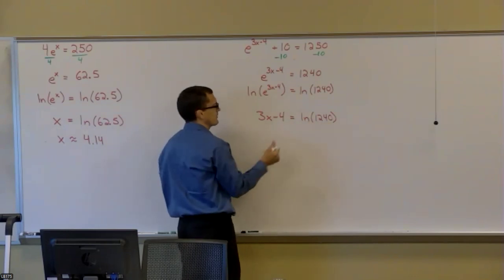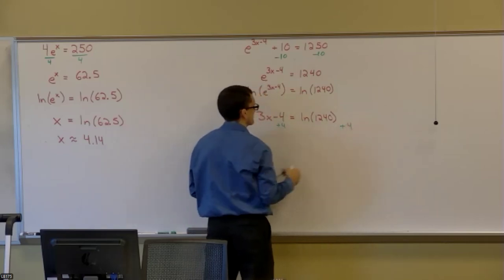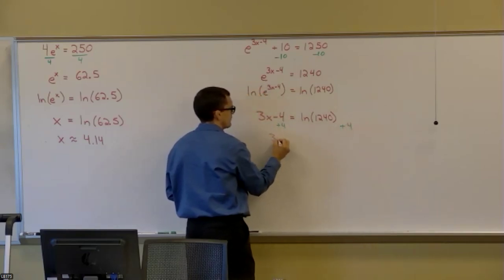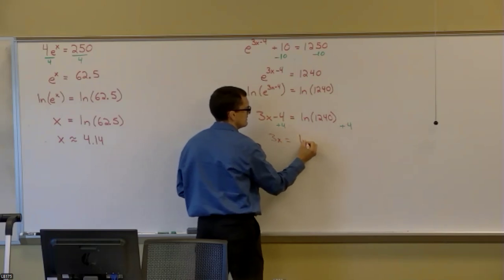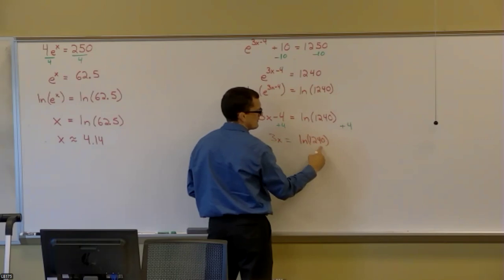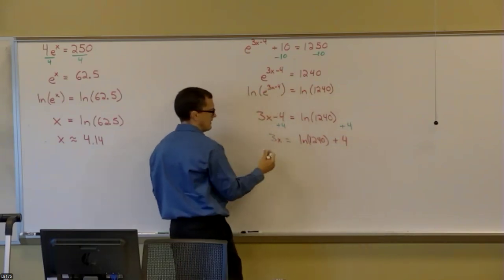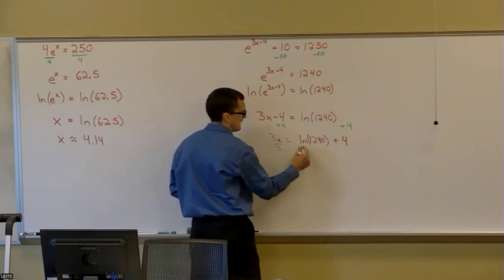So if I want to solve for x, I would add 4 to both sides. I would end up with 3x is equal to this number, natural log of 1,240, and then plus 4. And then I divide both sides by 3.